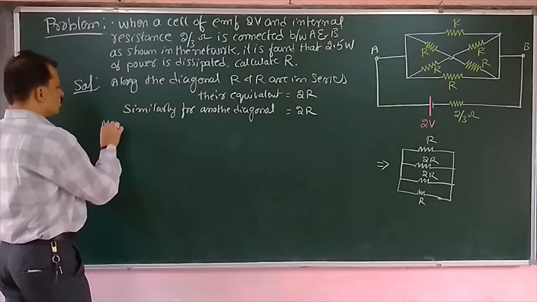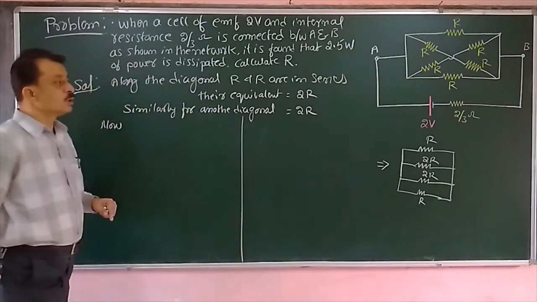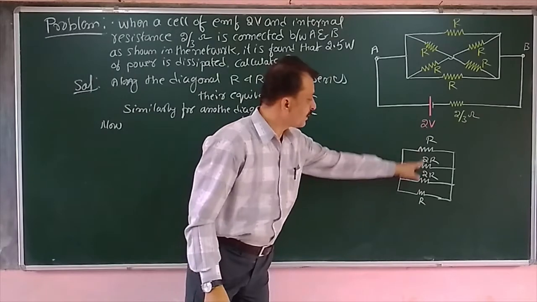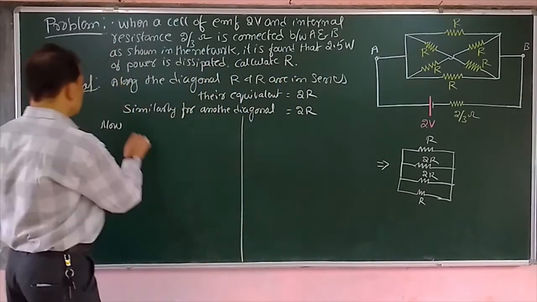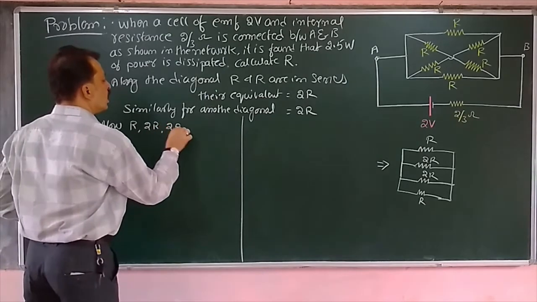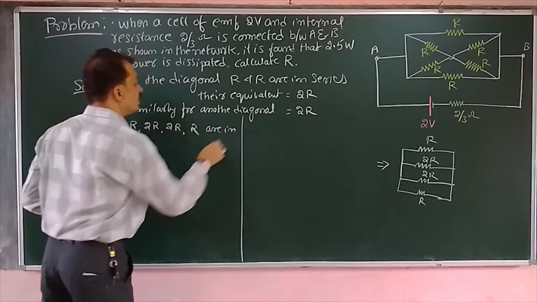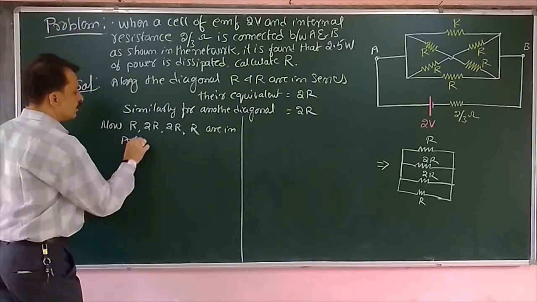Now these four resistors, they become parallel. Now R, 2R, 2R and R are in parallel.